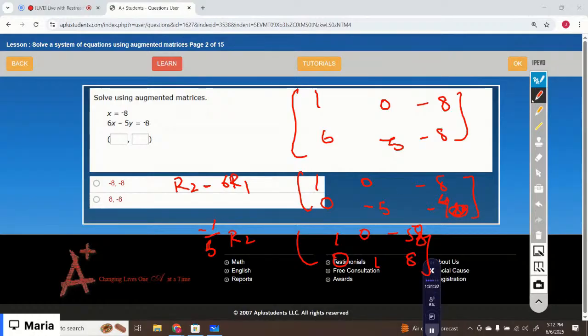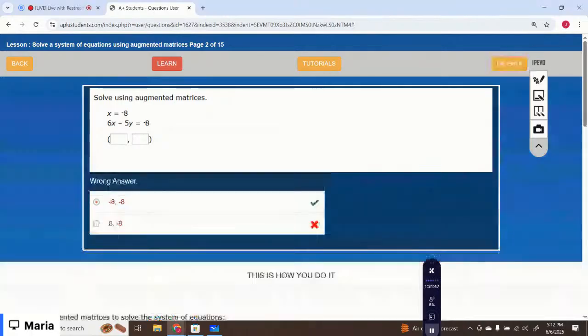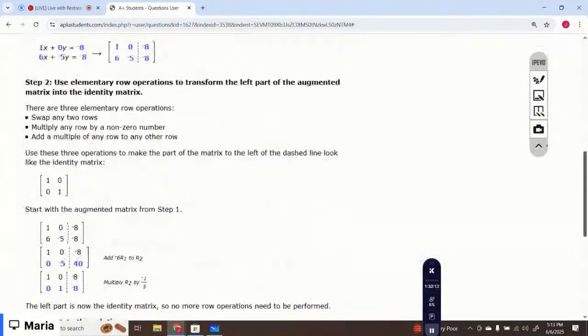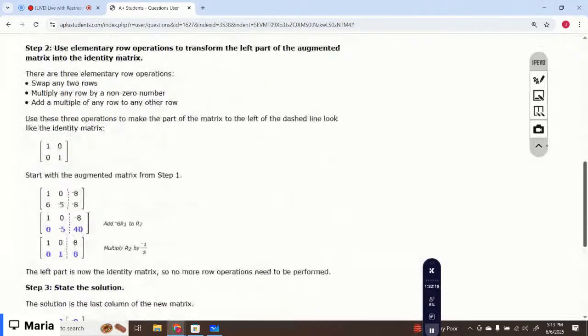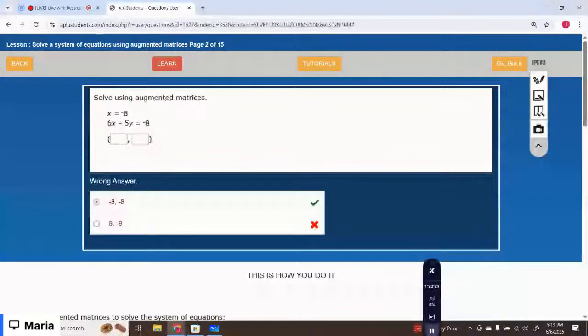So the solution is -8 and 8. Option number 2 is the correct option. Option B is correct.